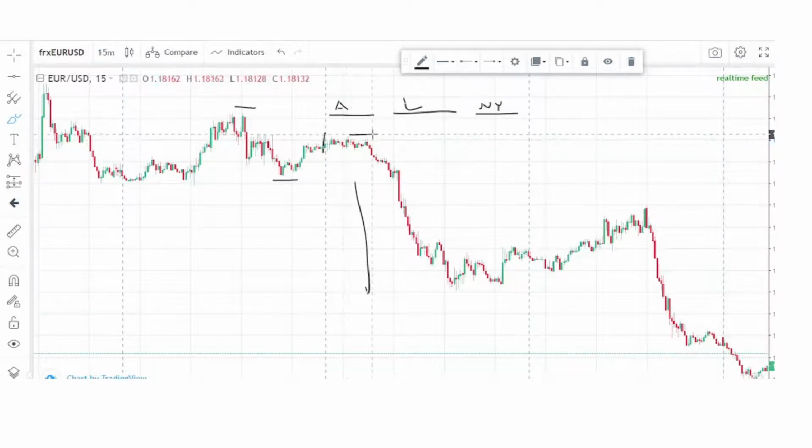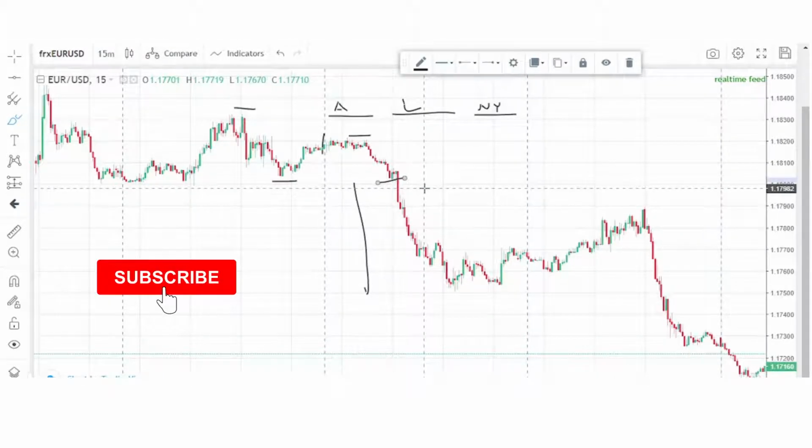This is the high of Asia, and this is the low of Asia. So it's either the market breaks the high of Asia or the low of Asia to validate our territory.